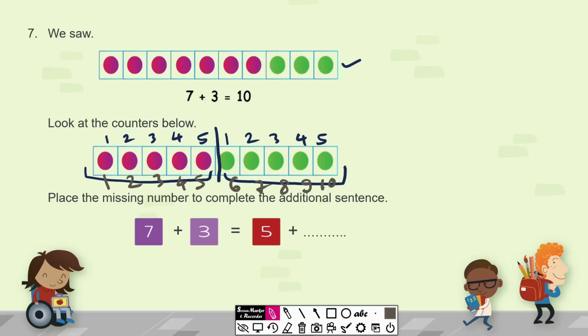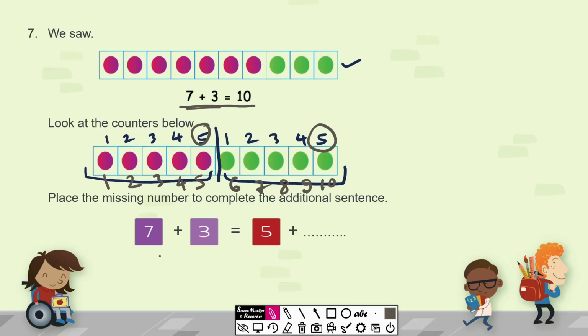Wow, this is a magic. 7 plus 3 is also equal to 10 and 5 plus 5 is also equal to 10. So, 7 plus 3 is equal to 5 plus 5. Can we say this?